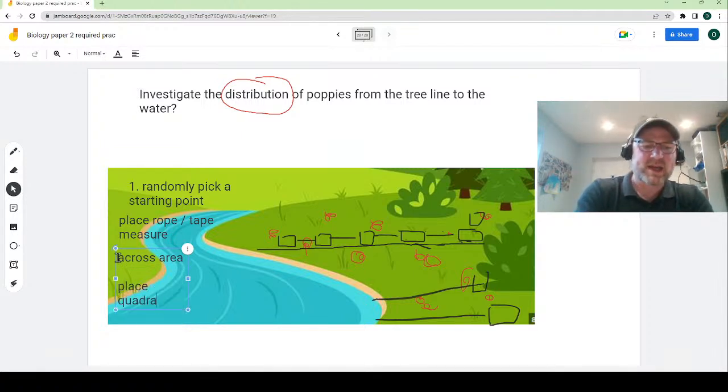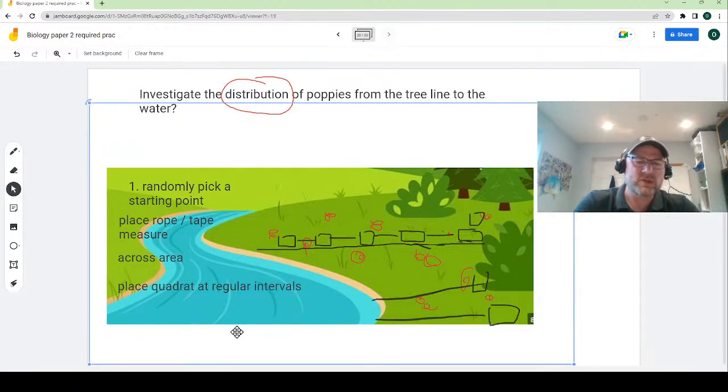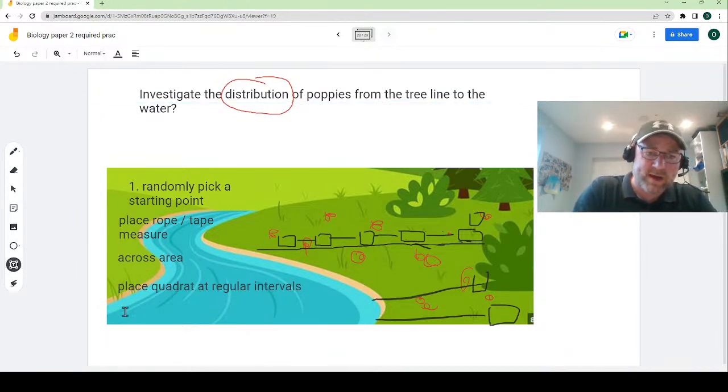Place quadrat. You're going to get a mark for just saying quadrat at regular intervals. By the way, when you're in exams, always give examples. It just helps you get marks. If you're going to say place the quadrat at regular intervals, just say every 50 centimeters or every meter. It's up to you. Every 2 meters, place a quadrat along the rope or along the tape measure. And then it's the same marks as the last one.